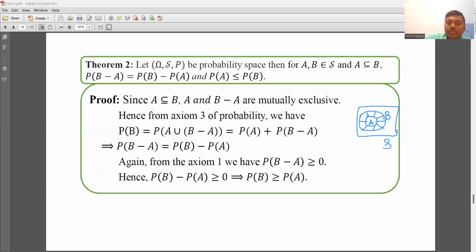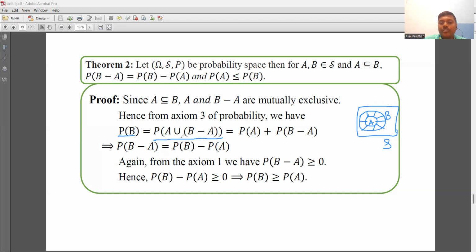So if I think about this B minus A, then to find the probability of that event, we can think of B first. We can think of B as the union of A and B minus A. And this A and B minus A are mutually exclusive. So we can say that probability of B is equal to probability of A union B minus A. Now, interestingly, A and B minus A both are mutually exclusive sets.